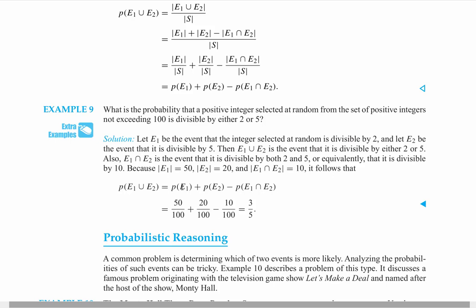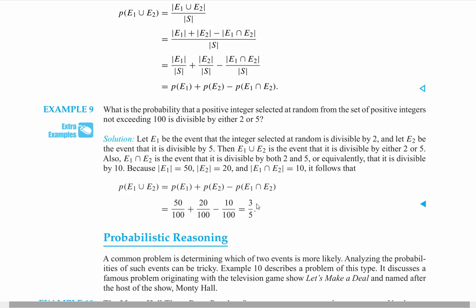Alright, so we have our probabilities. The probability of being divisible by 2 is 50 over 100, plus the probability of being divisible by 5, which is 20 over 100, minus the probability of being divisible by 10. Okay, and then work out these fractions. It's 60 over 100.